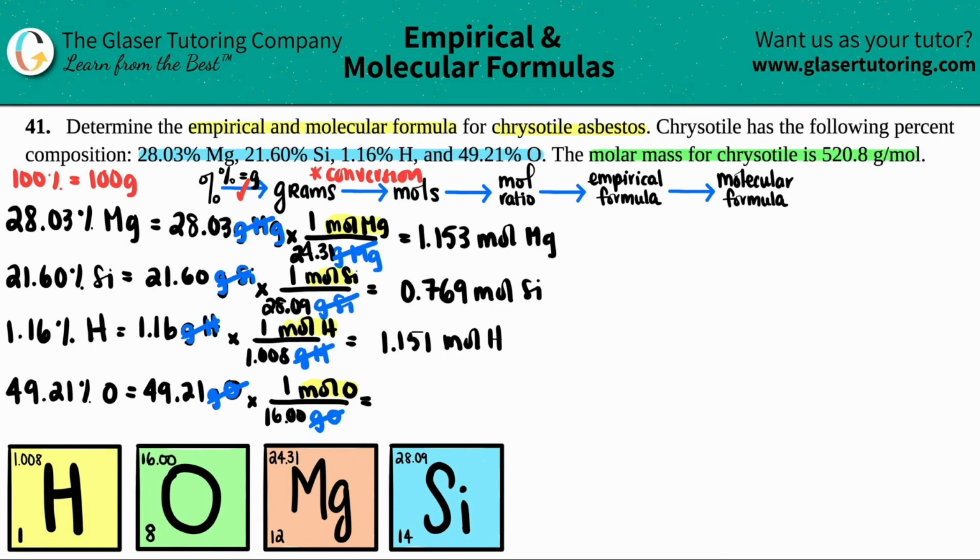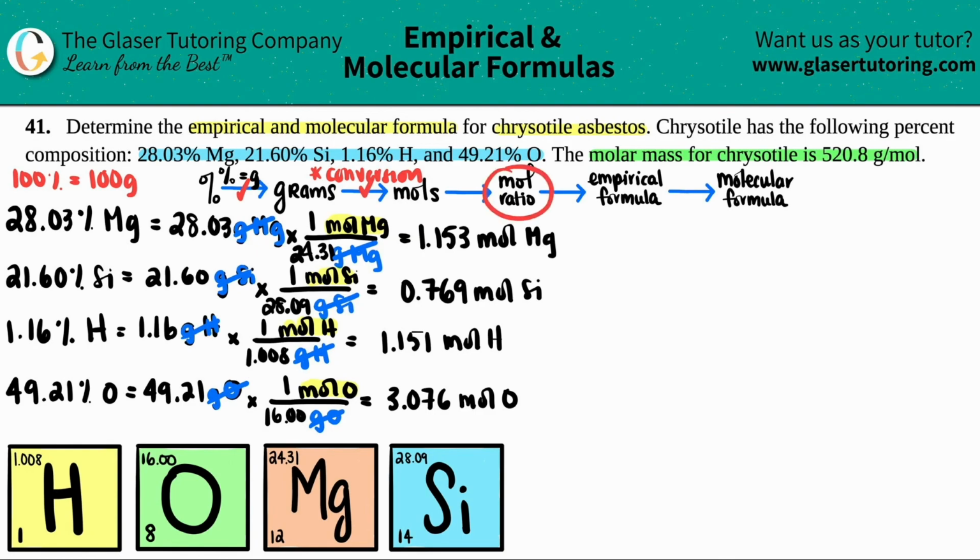And then 49.21 divided by 16, I get 3.076 mole of oxygen. Okay, almost there.